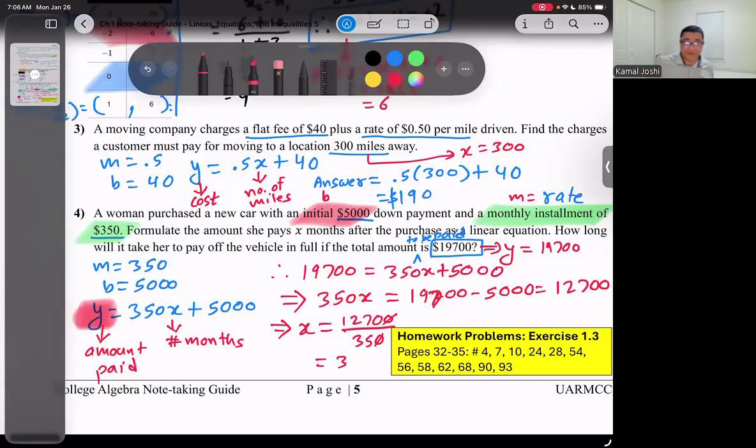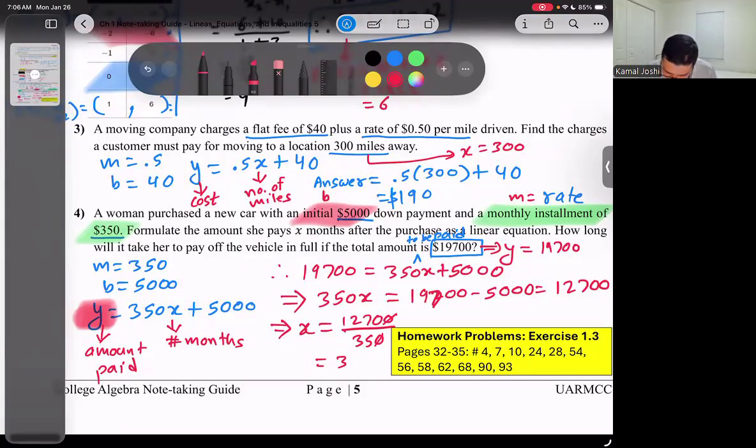Maybe it's early morning and my brain is not functioning super well. I thought it was going to be an integer number. It is not, so I'm just going to punch this in a calculator. 12,700 divided by 350. 36 point something.